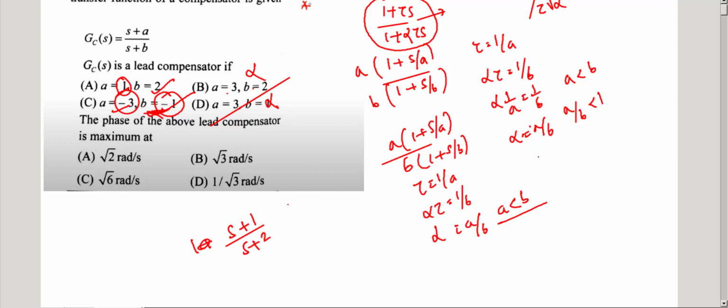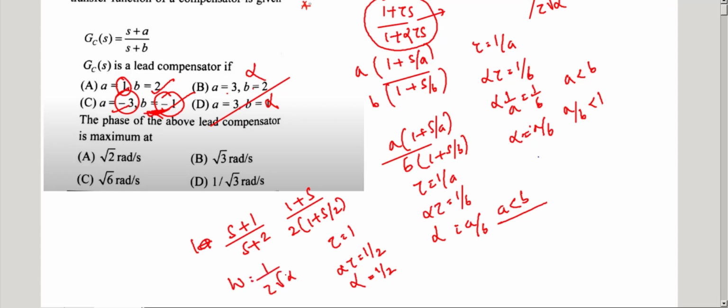Okay, so you get 2 into (1 plus s by 2), tau equal to 1, alpha tau equal to 1 by 2, alpha equal to 1 by 2. The frequency is 1 by time constant root alpha, 1 by root 1 by 2, which is root 2. So omega equal to root 2 radians per second, it satisfies.